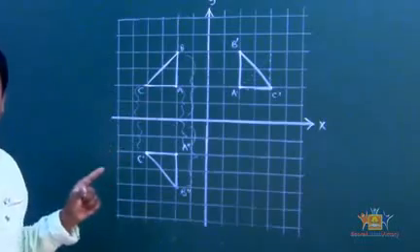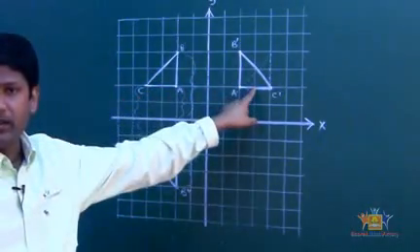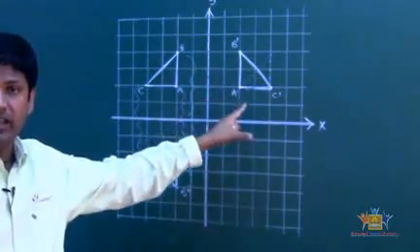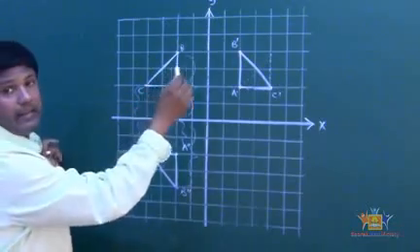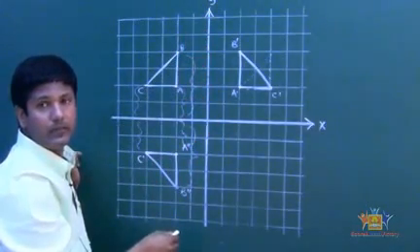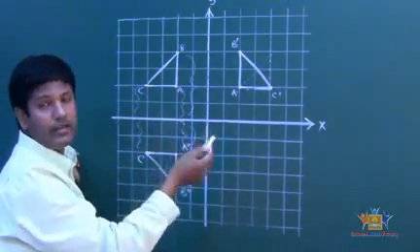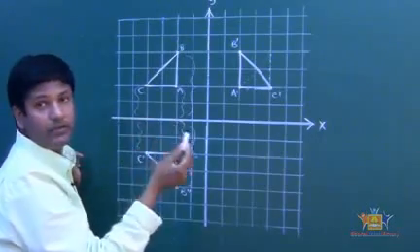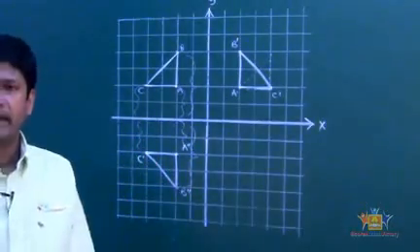So what are the key things that you need to know about reflection? The shape is the same, the size is the same, except they are laterally inverted on the axis of reflection. Very important, the orientation. If I ask you the orientation of an object to the image on reflection, it's laterally inverted.